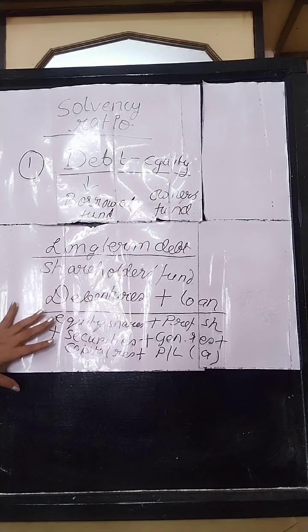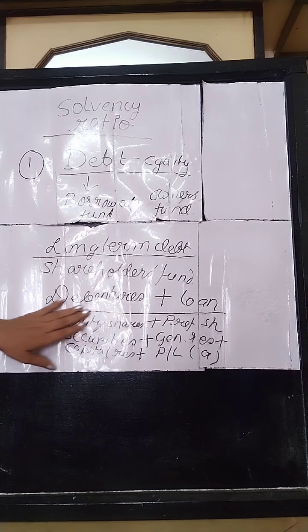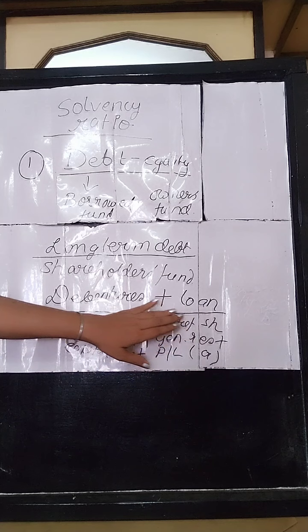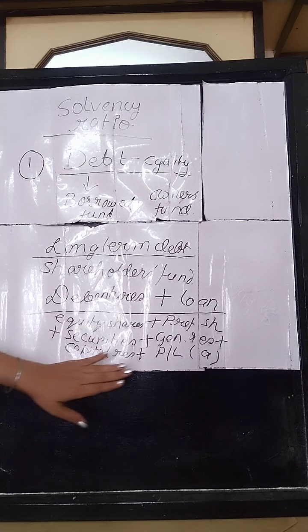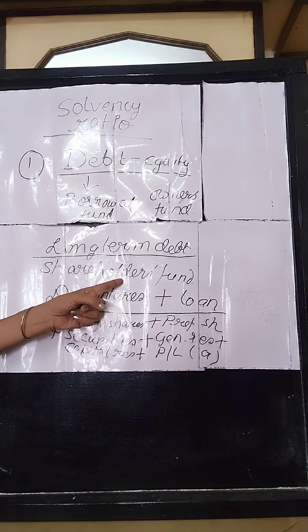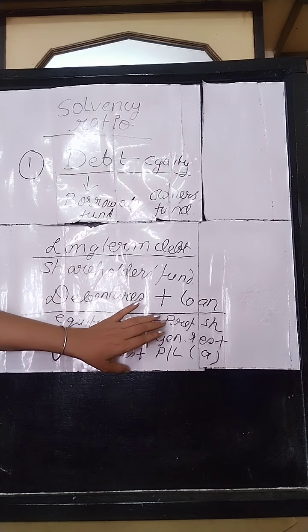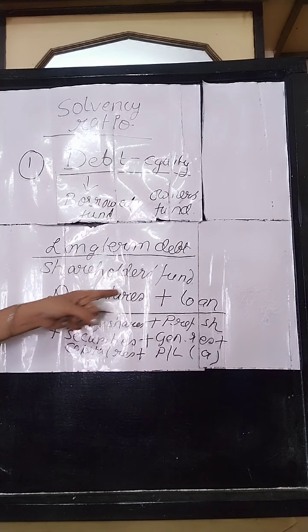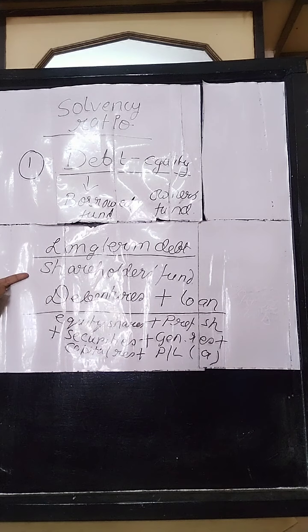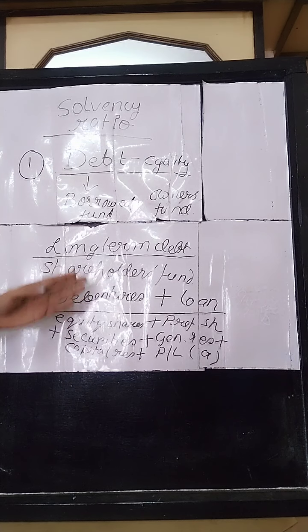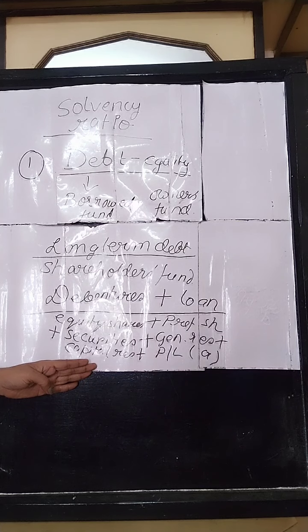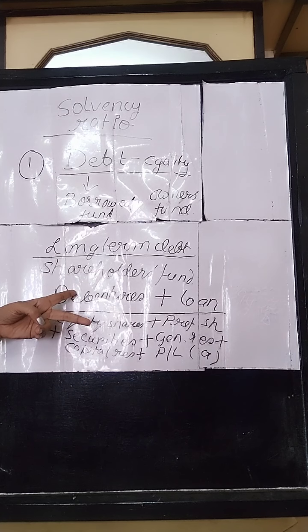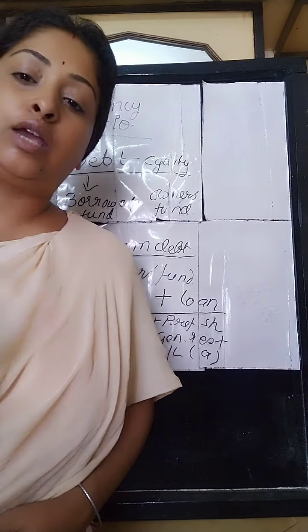All these constitute the shareholders fund. Shareholders fund can also be termed as proprietors fund. And debentures and loan consist of the long-term debt. So we have to find out the long-term debt first, then the shareholders fund, and after that we divide these two to find the ratio, which is called the debt equity ratio of a company.